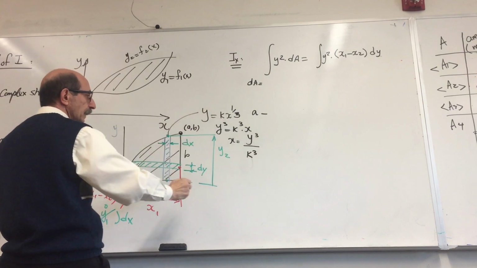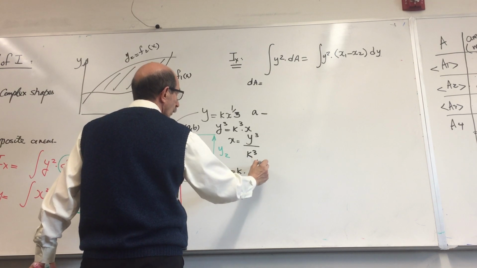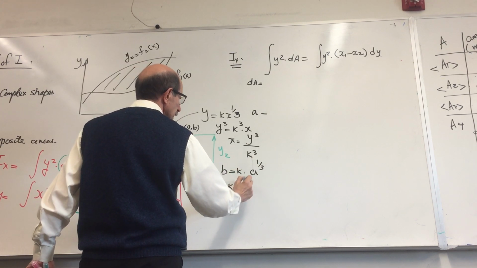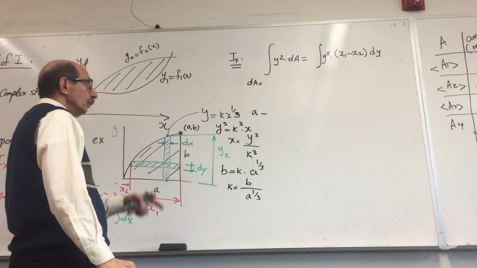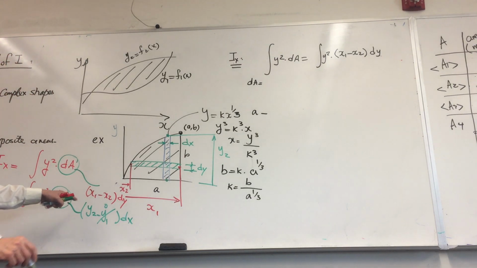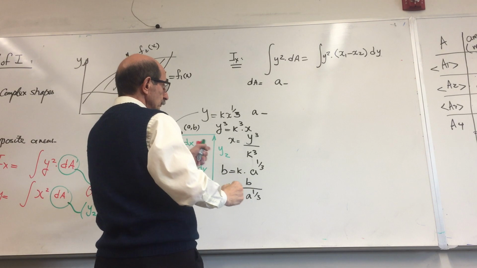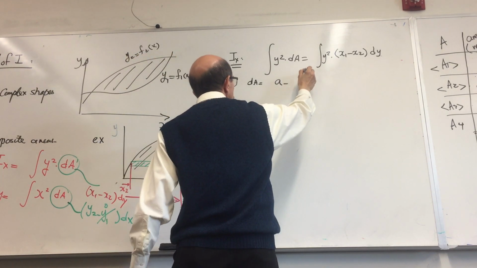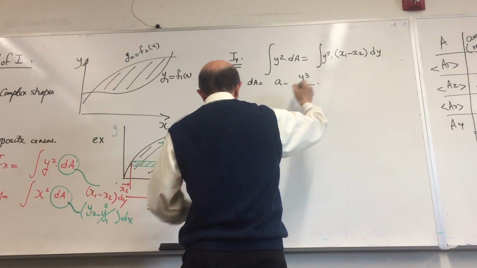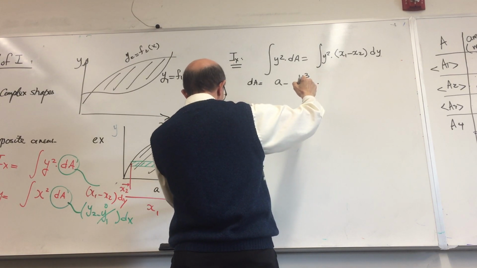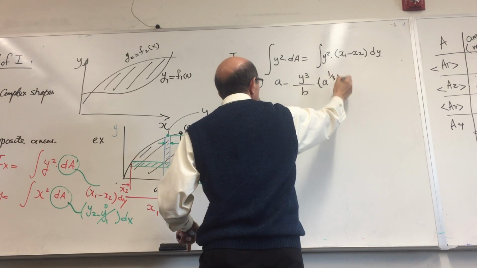If you substitute that there, you have b equals k a to the 1/3, so k would be b over a to the 1/3. So anyway, you have x1, which is a, minus x2, which you now found, divided by k cubed.